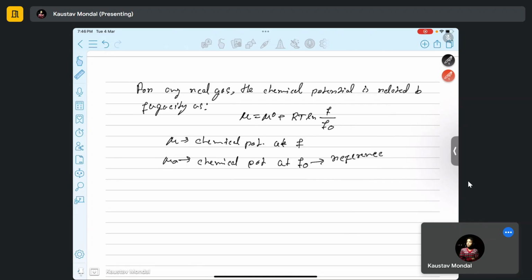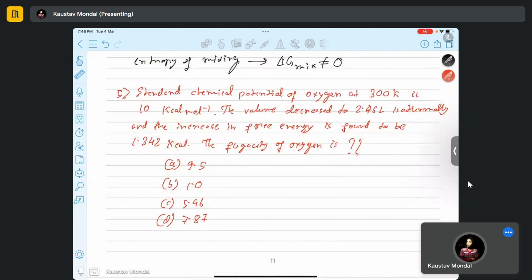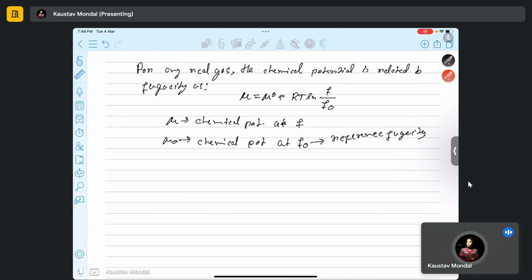Here in this problem, the reference fugacity is not given actually. So anyway, it's not needed. Now this reference fugacity F naught value in standard problems is considered as 1 bar actually. Okay, so we can take it as 1 bar.